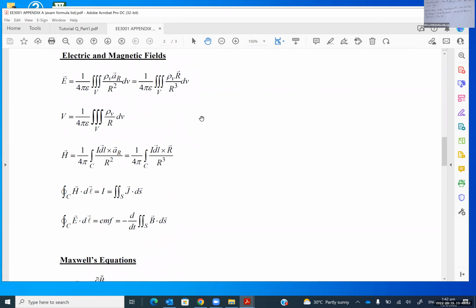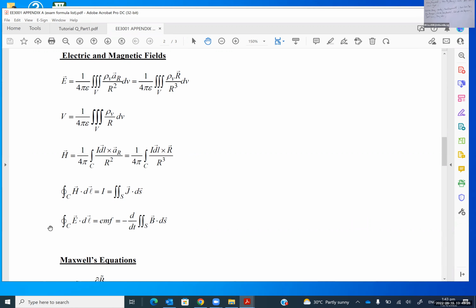Which of these equations do you want to use to find your answer for this question? The last one, right? This is basically your Faraday's law. As it says, the EMF is in the middle.